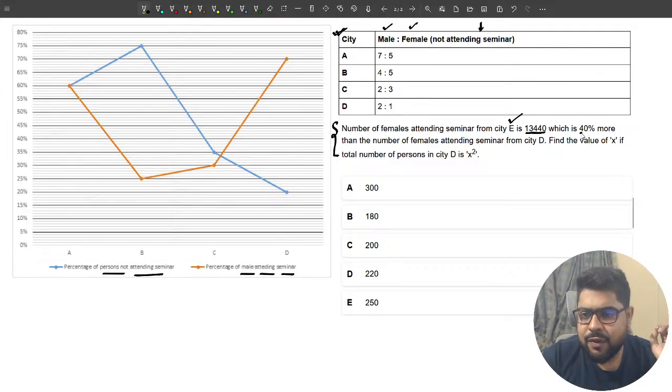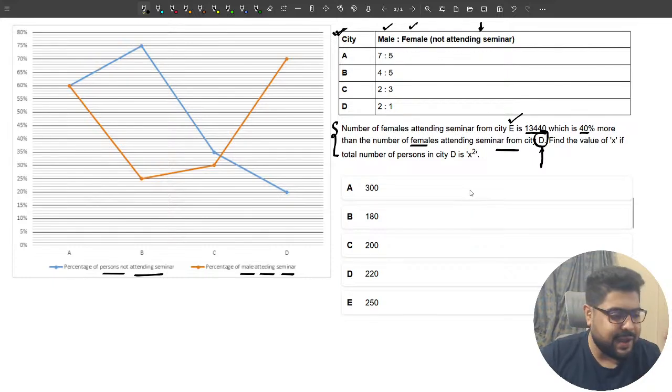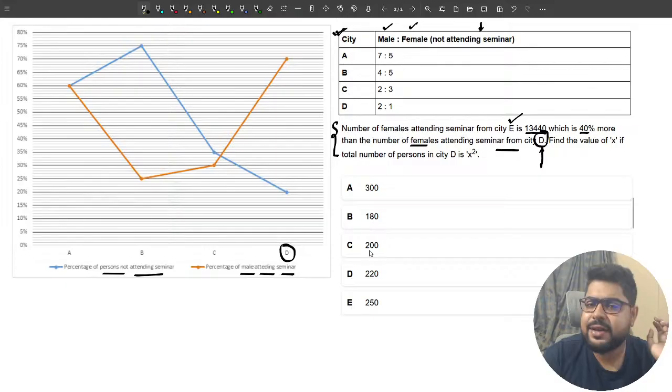Here, it is 40% more than the number of females attending from city D. So ultimately, all my calculations need to be done on D. E is given just to make this question a little more complicated. That's all there is.